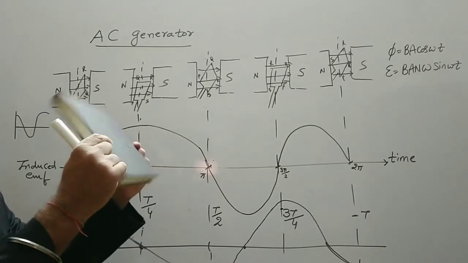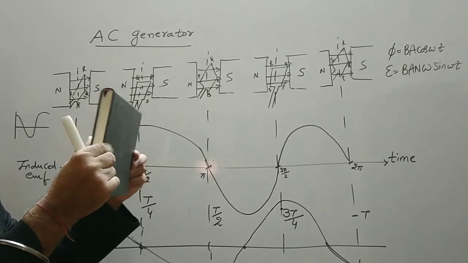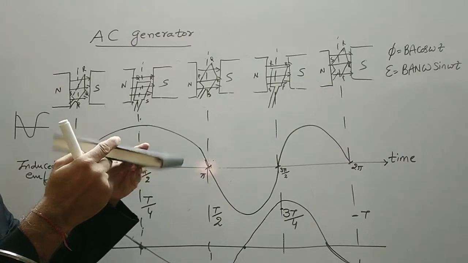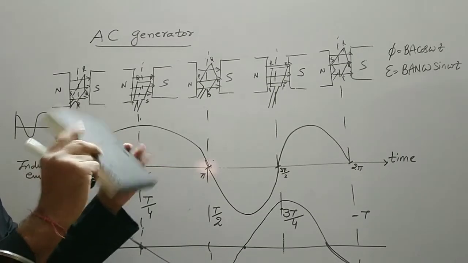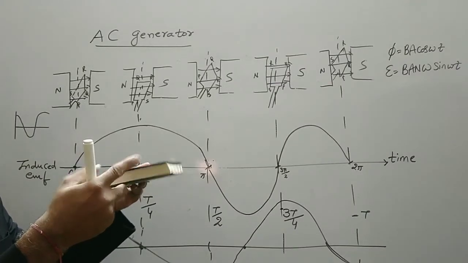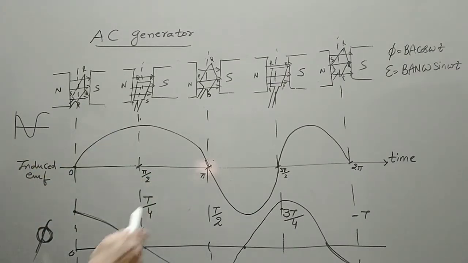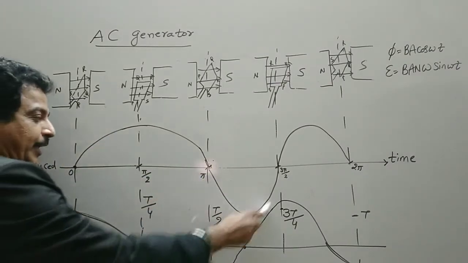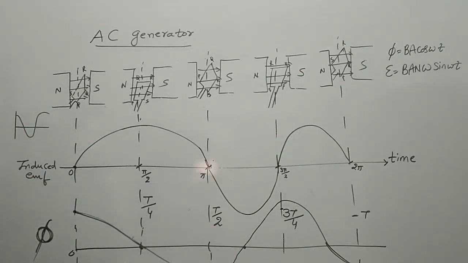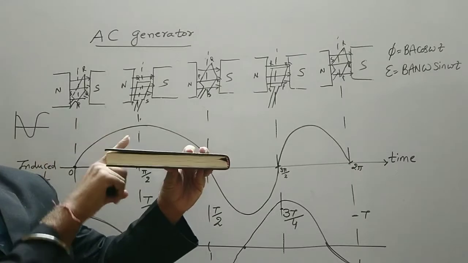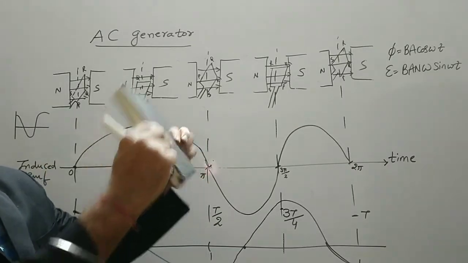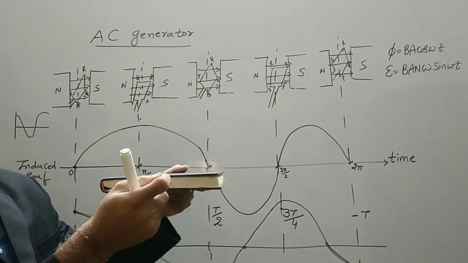Then this is 90 degrees, 180, 270 and 360 degrees. So we come back to the same position, and after 180 degrees the polarity will change, because this PQ end which is on this side, after 180 degrees will come to this side.